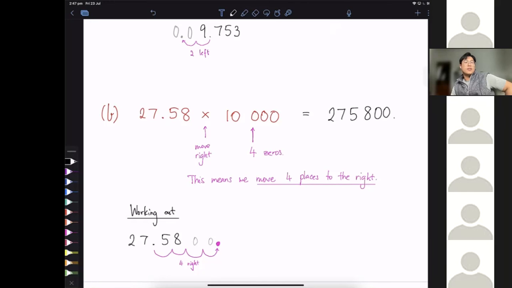It's like a full stop, yeah? How would you read this number out? Anyone care to try? Because I'm sure you've seen big numbers like this before when you play games. 275,800. That's the one. Thanks, Riley.